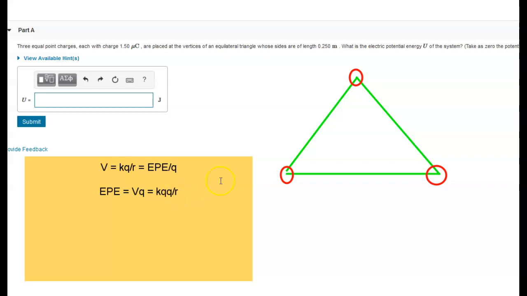So I can calculate the electric potential energy that a pair of these would have between them. And then keep in mind that there's this pair, and this pair, and this pair. I would have basically 3 times the amount of electric potential energy that I would find by doing one of these calculations for the electric potential energy between two of these charges.